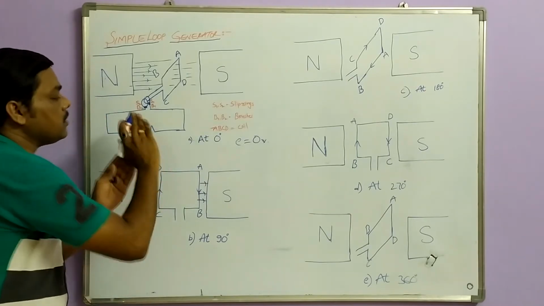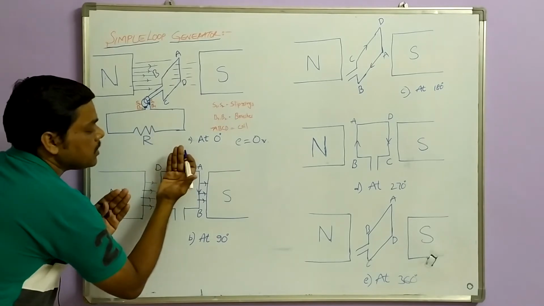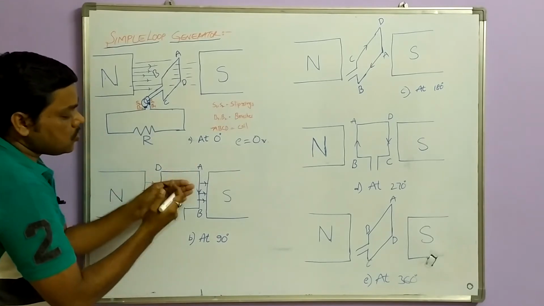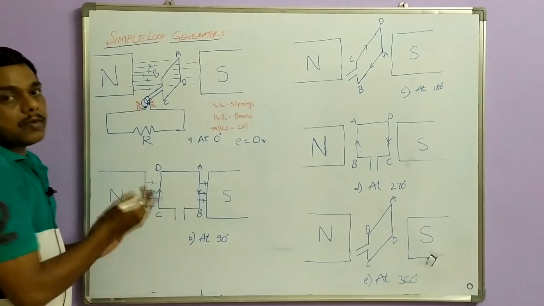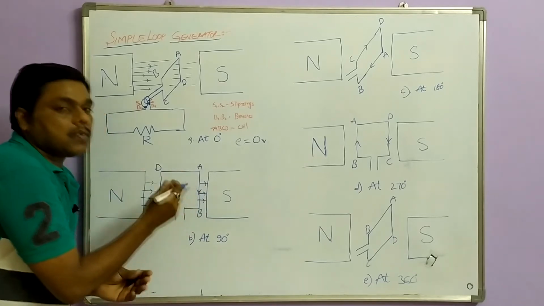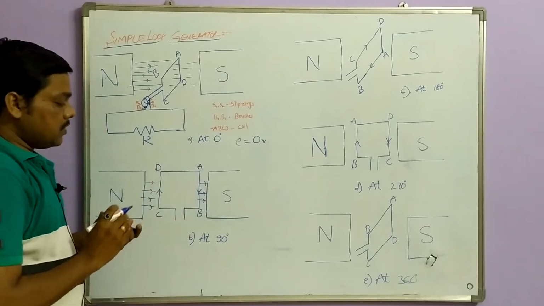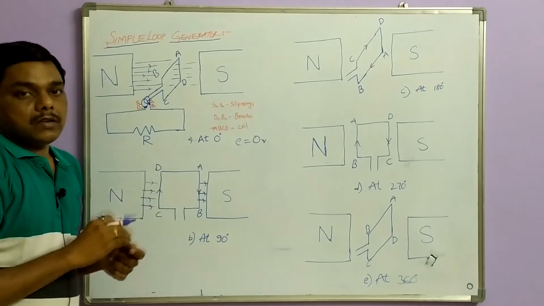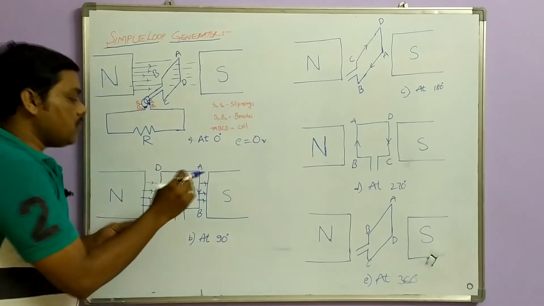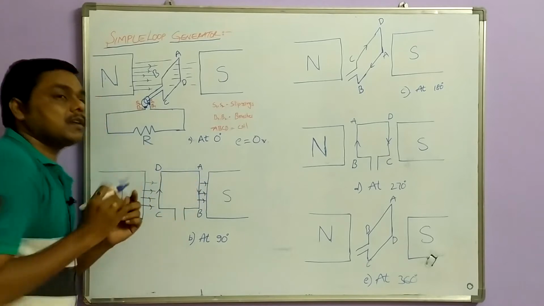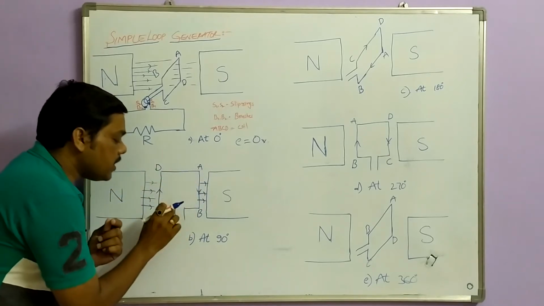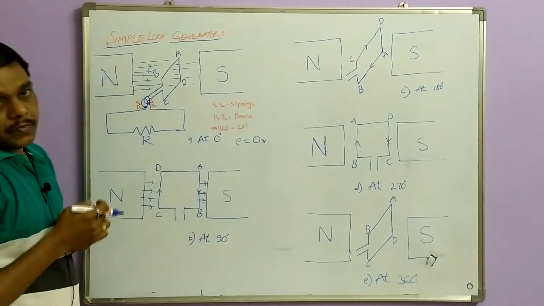From vertical to 90 degrees, the flux is going to cut this conductor. Now what happens if flux cuts this conductor? As per Faraday's laws of electromagnetic induction, when flux is cut by the conductor, EMF will be induced in it.